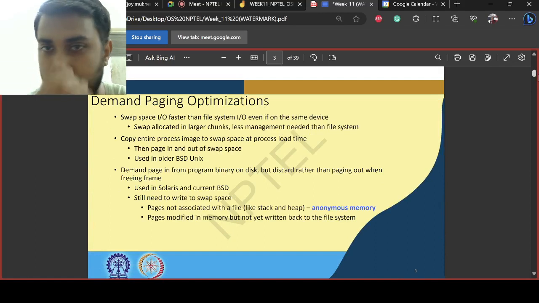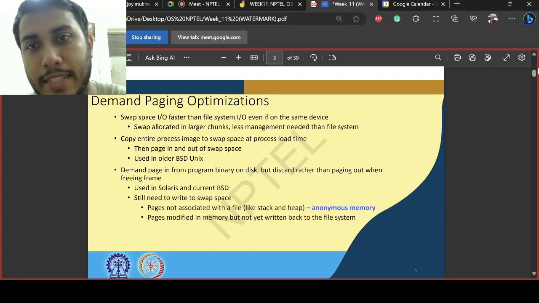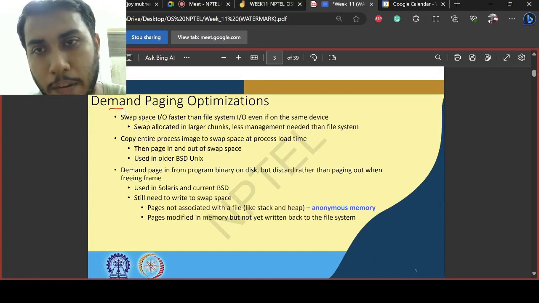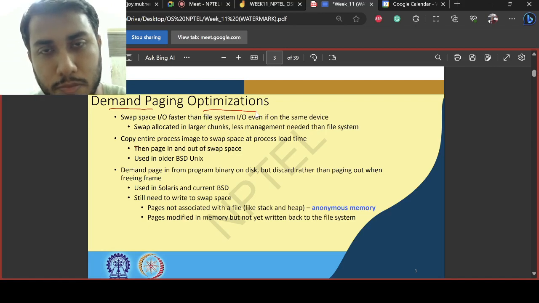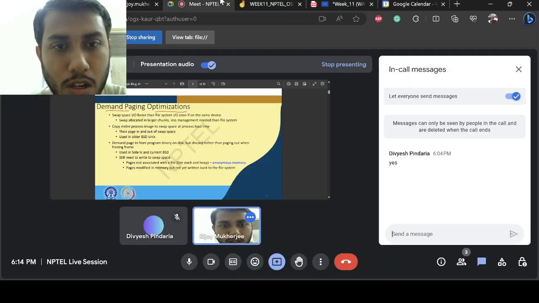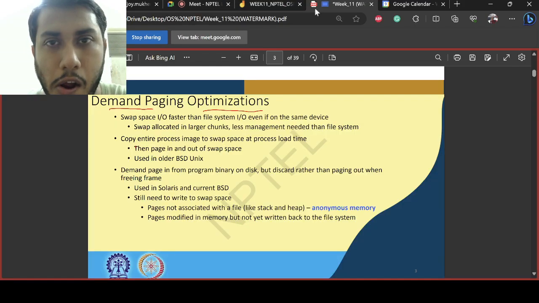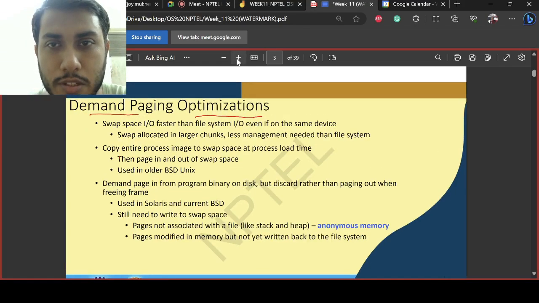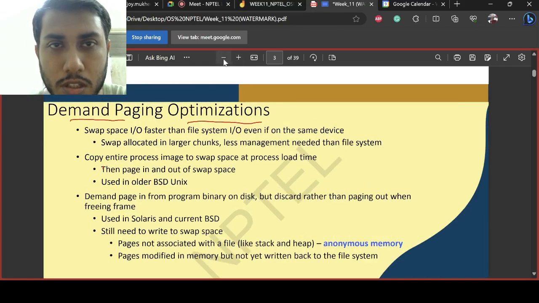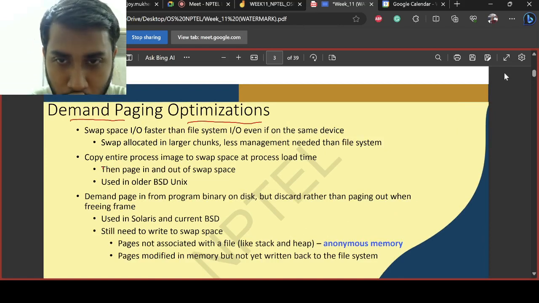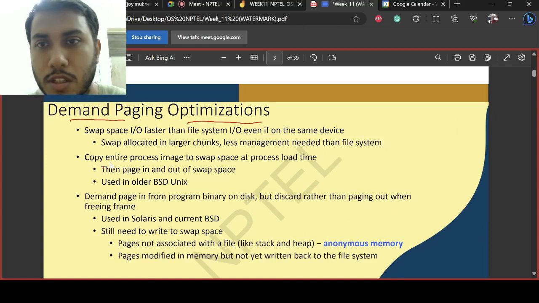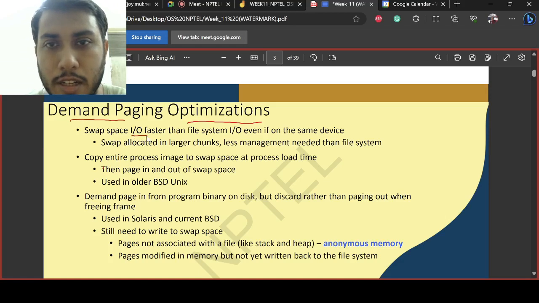Let's now come to the topic of how you can optimize demand paging. What you can do is make swap space IO faster than file system IO, even if it is on the same device.